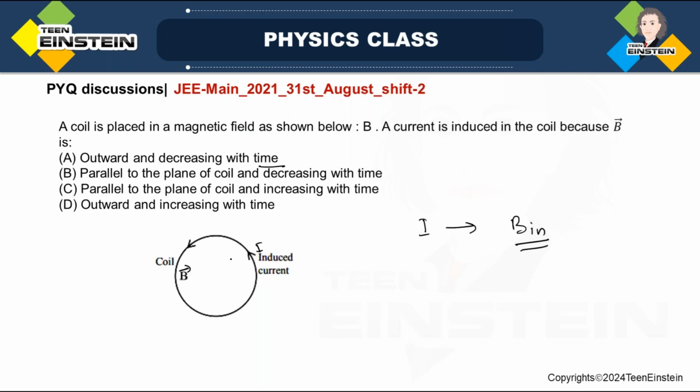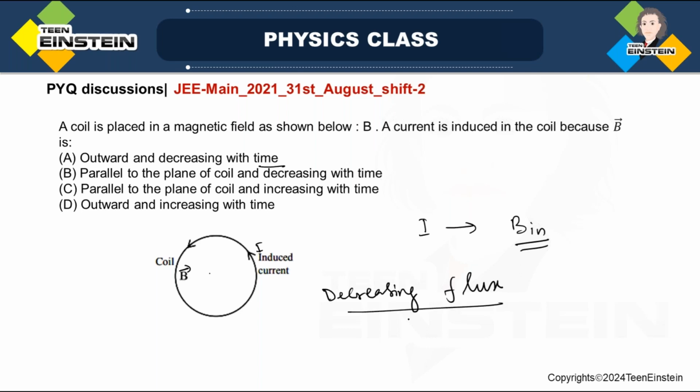If the flux is constant, there is no induced EMF or induced current. If the magnetic field decreases, the flux also decreases. Then current is induced in the coil, and its direction will be such that it opposes the change in the flux. The change in the flux here is decreasing flux.